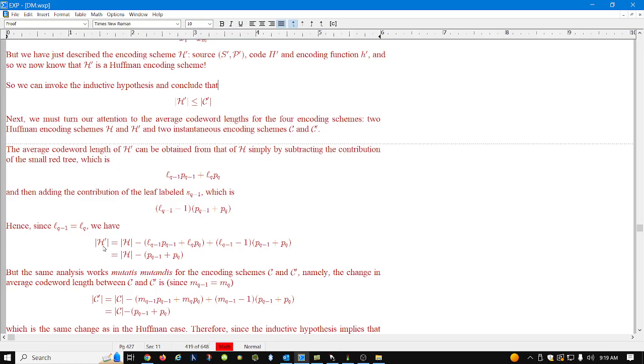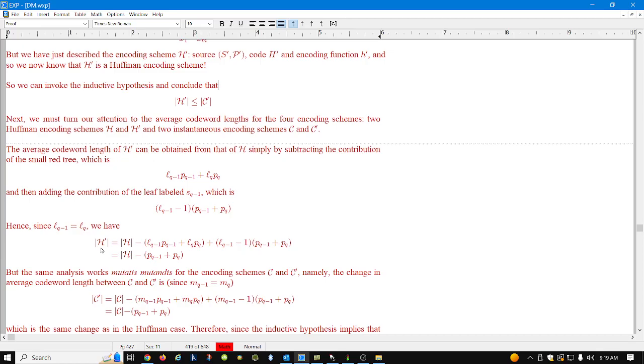So the average code word length of H prime equals the average code word length of H minus this quantity plus this quantity. And because the 2 last code words in the Huffman encoding scheme and in the other one have the same length, there's a lot of collapse.